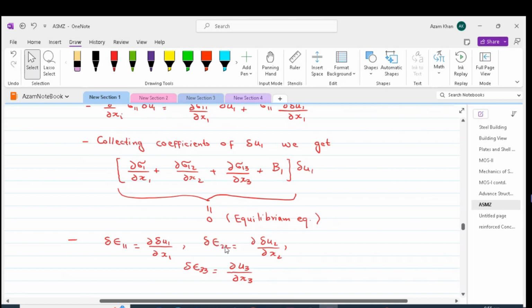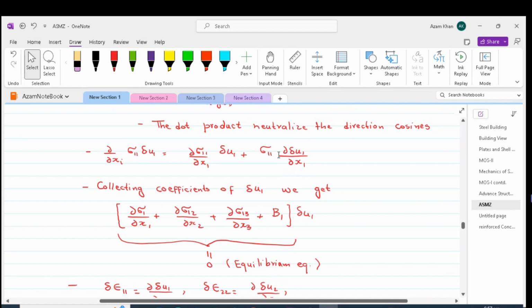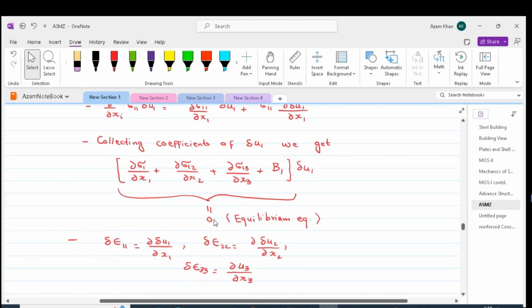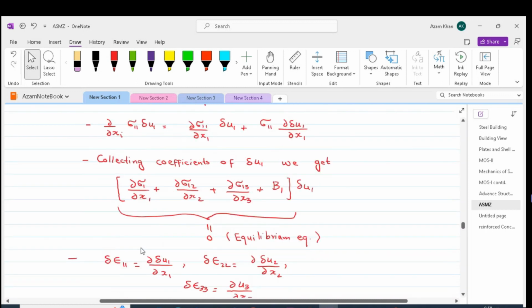Please note that the remaining term would have a stress component times the partial differentiation of a displacement with respect to some axis in the space, and this second term is actually our axial strain.